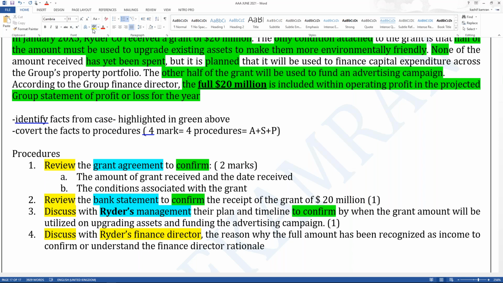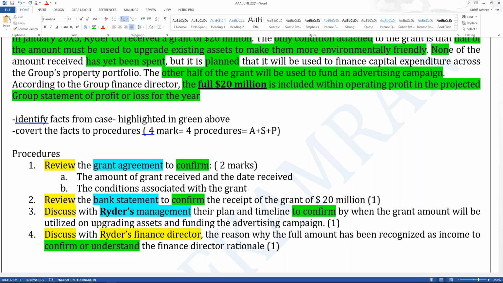So please try to change the position instead of management. Why have they recognized the full amount as income, to confirm and understand the finance director's rationale before I tell him he's wrong. So will I get another 1 mark for understanding the rationale of the finance director?